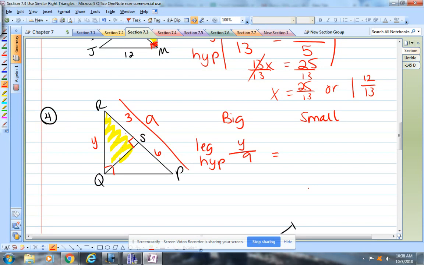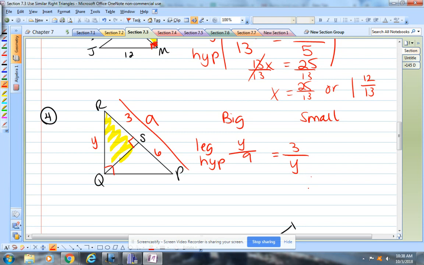The leg that they gave me was 3, correct? Over y. So y'all might be thinking, how in the world can I do this? Right?